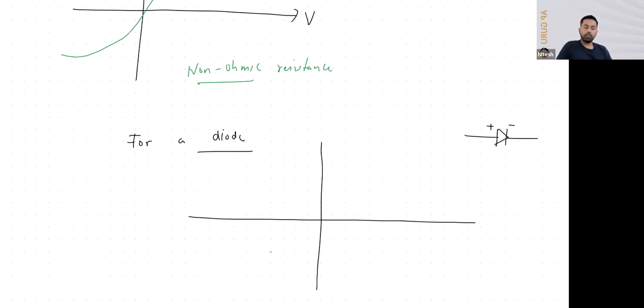If you draw the graph for this, a diode looks like this, and on the reverse side, this way. This is called forward biasing, and that's called reverse biasing. You can clearly see that here again, there is no straight line relationship. So that's another example of non-ohmic resistance.